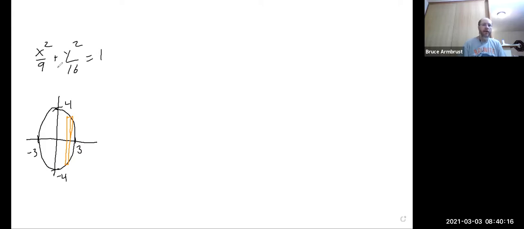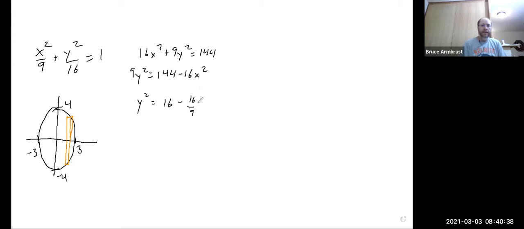So I'm going to get rid of the fractions first by multiplying by 144. So I get 16x squared plus 9y squared equals 144. 9y squared equals 144 minus 16x squared. Divide by 9. Let's see, that's 16 minus 16/9 x squared.